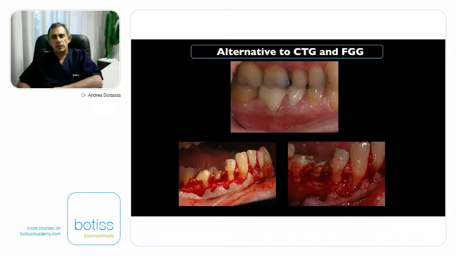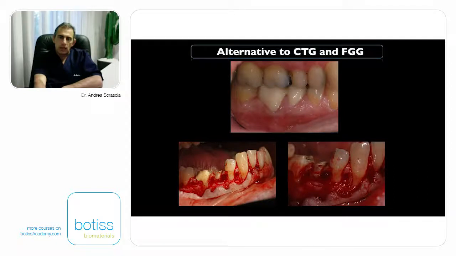Another clinical case: a Miller class II on the 4.6, lacking keratinized tissue, and also a Miller class I on the 4.3.